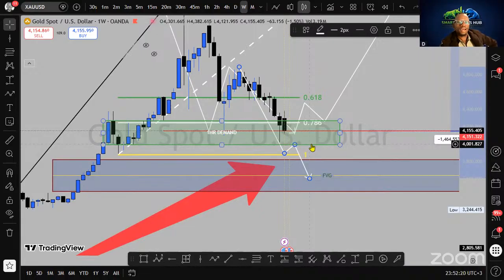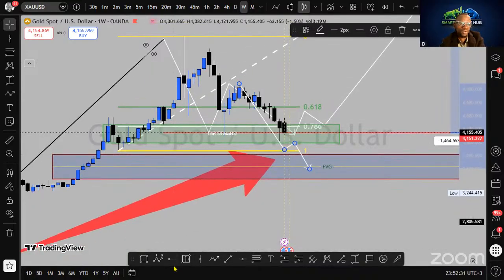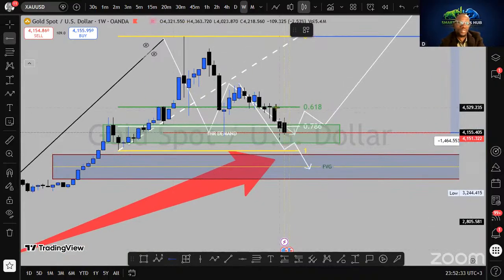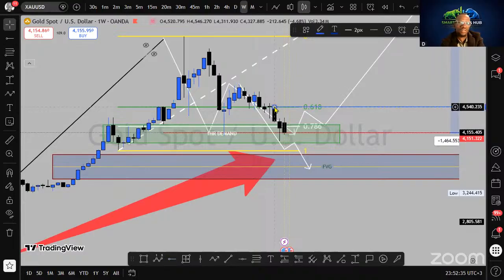If we fail to break 4,000 and 4,000 brings a very high rejection, then I think we are going to go to our levels high. Our first area to take profit will be around 45.40.